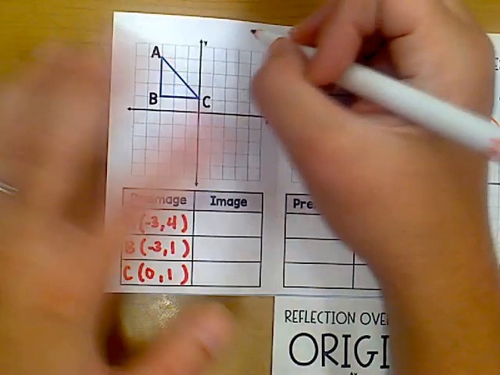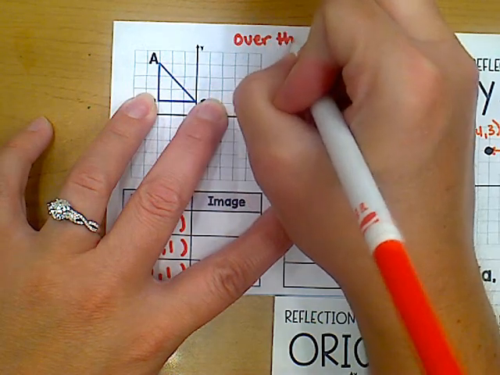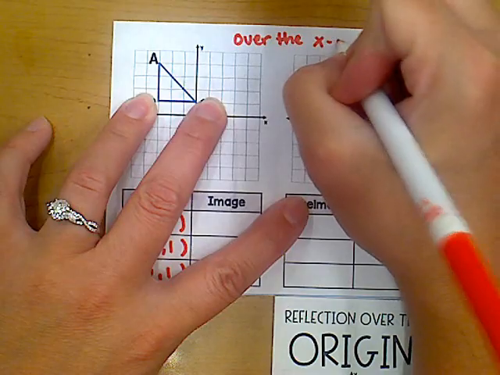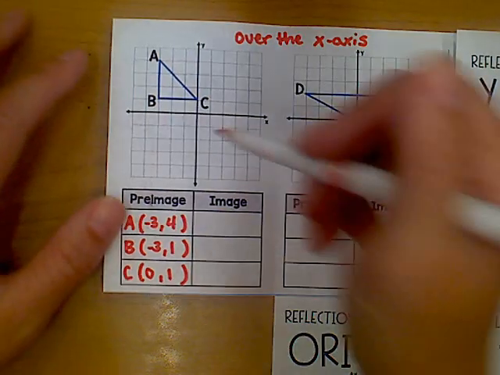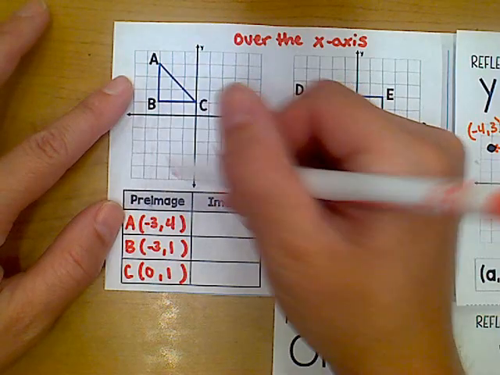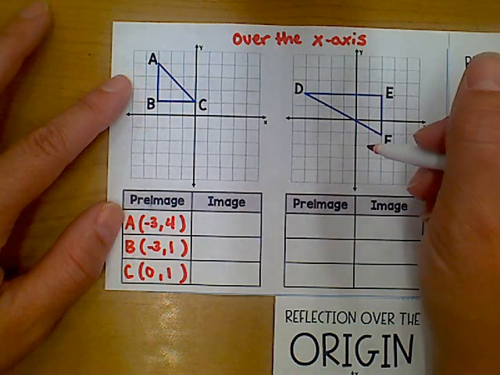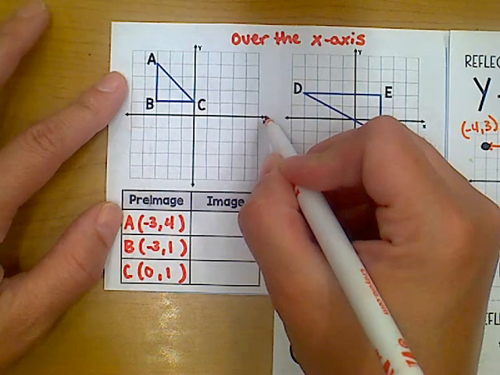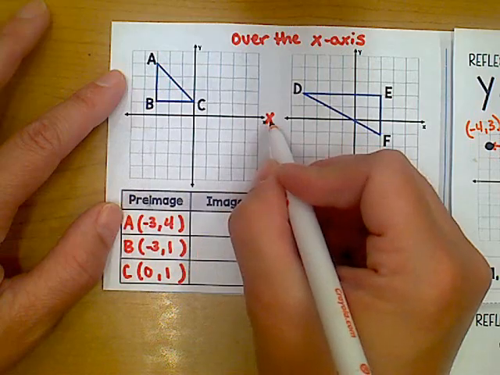Now, since these are being reflected over the x-axis, one strategy would be to look at these and just go, okay, how far do I need to move that to get to the x-axis? So remembering that the x-axis is this one right here, it's that horizontal one.